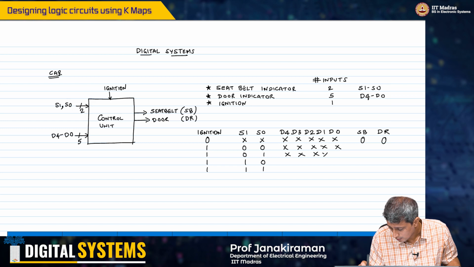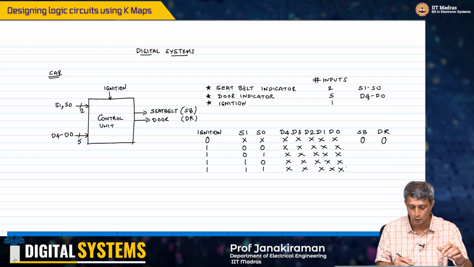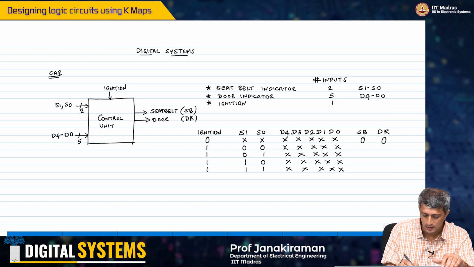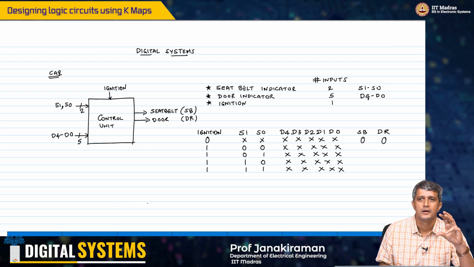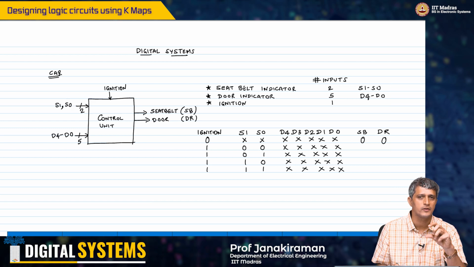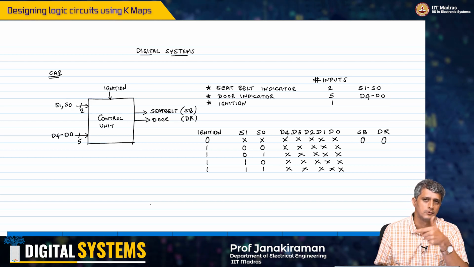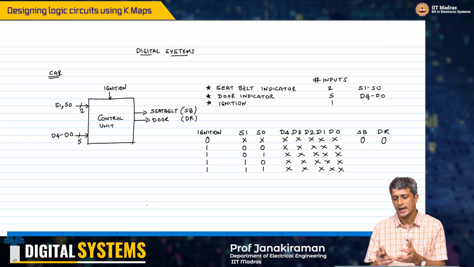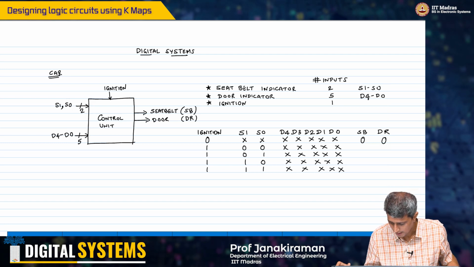Most important thing is for us to recognize, even though this control unit is accepting 5 plus 2, 7 inputs and the ignition, we don't have to strictly design it as if it were a 2 power 8 truth table design, because we are saying it does not matter what the state of the door is for that, right?